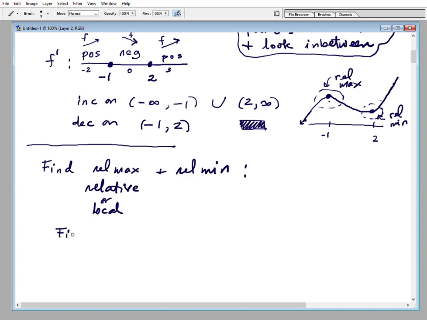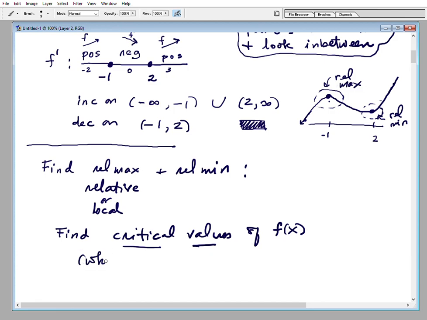So first we find critical values of f of x, and that is where f prime equals 0, or f prime does not exist, but f continuous.